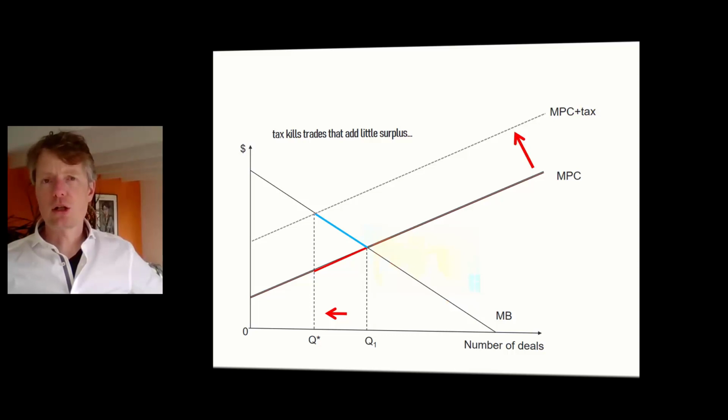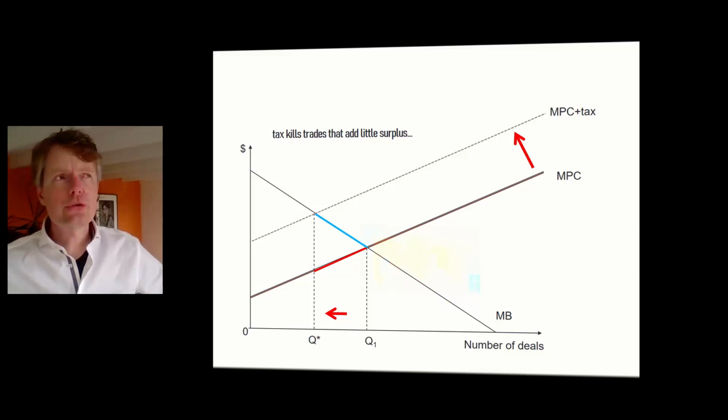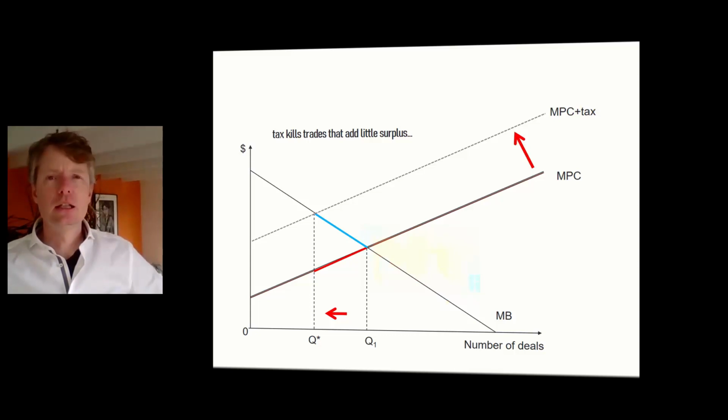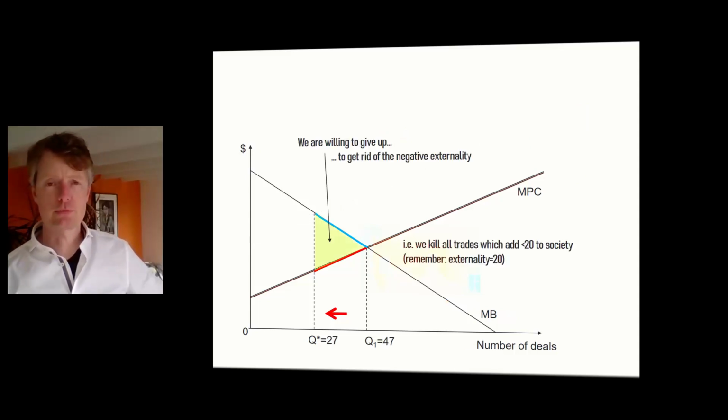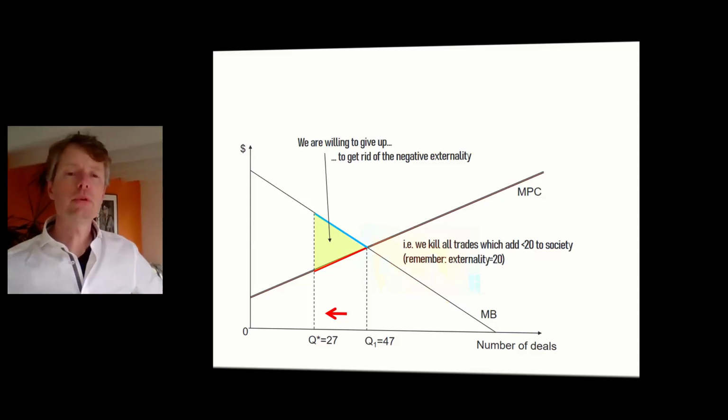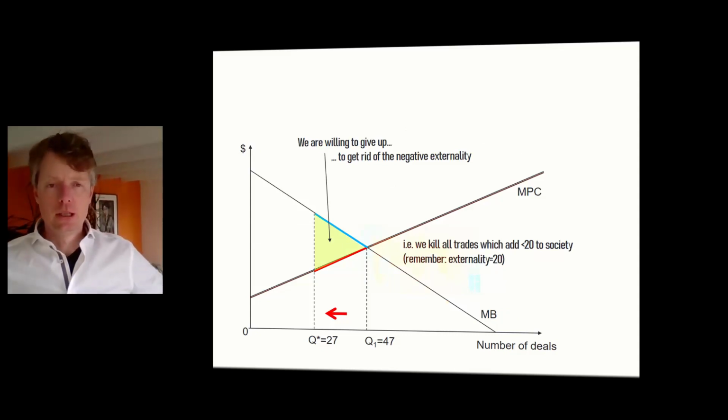Not only their seller cost, but they also have to pay the $20 per deal to the government. And the result is exactly what we would like to achieve, namely that this tax kills trades that add little surplus. So we are perfectly willing to give this surplus up to get rid of this negative externality.